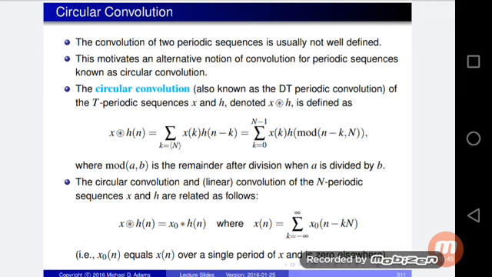It is denoted x circular-convolved with h and defined as x circular h of n equals the summation over k of x of k h of n minus k, equal to the summation of k from 0 to N minus 1 of x of k h of (n minus k) mod N, where a mod b is the remainder after division when a is divided by b.